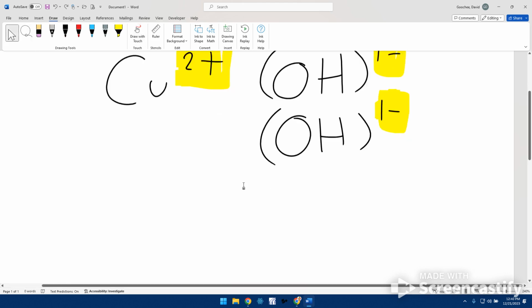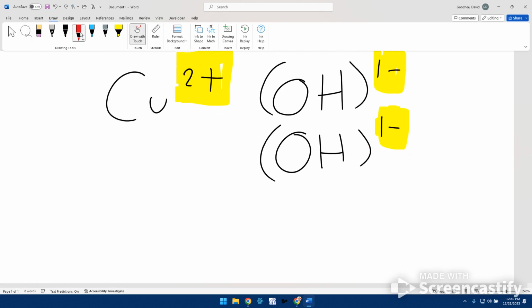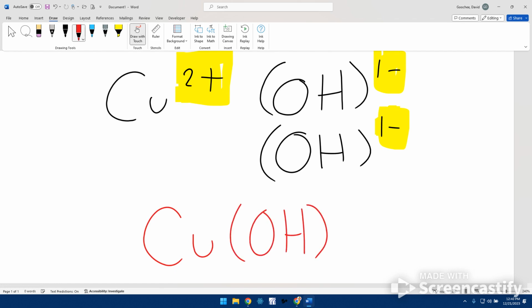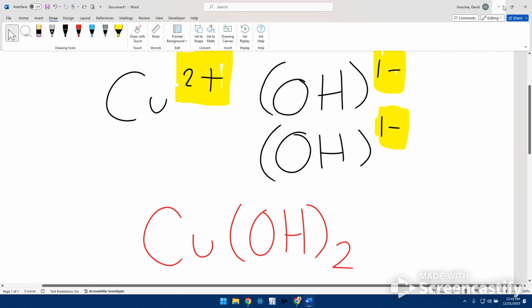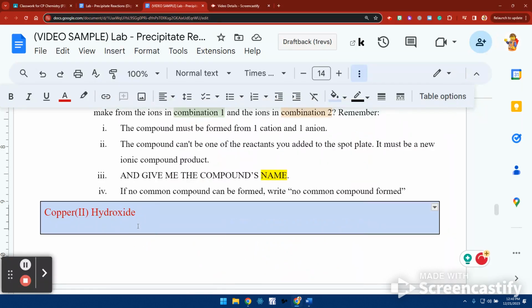All right, so the formula must be then Cu, 1 copper, OH, 2 hydroxide, copper 2 hydroxide. Okay, so I'm going to go type that in. All right, copper 2 hydroxide, Cu(OH)2. All right, so there we go. That's what I made, and that's the answer.